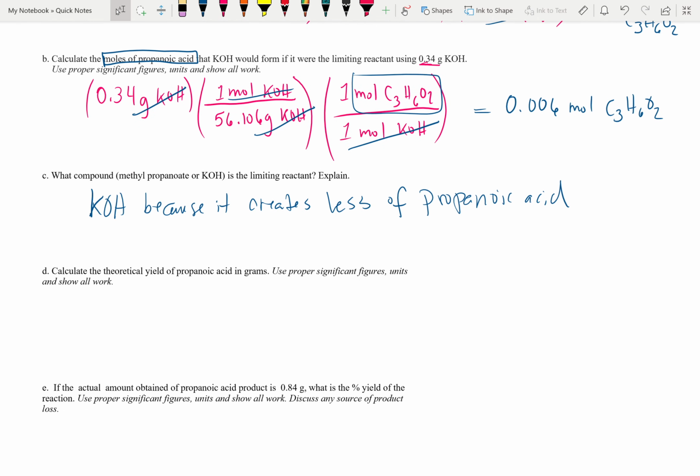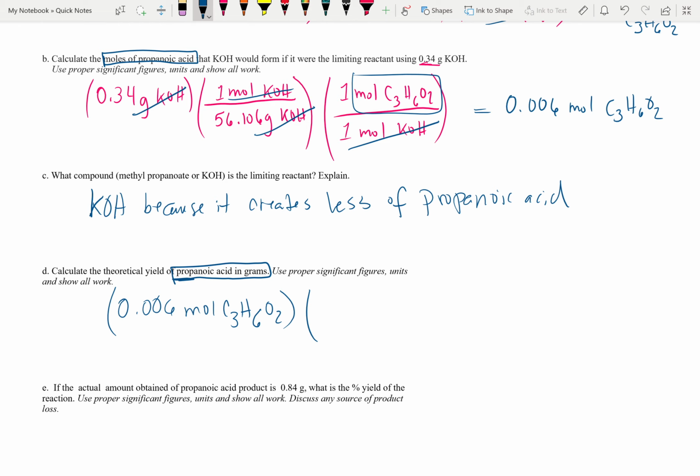Now it says calculate the theoretical yield. How we do that is we take the limiting reactant, so the least amount, which was 0.006 moles of C3H6O2. We multiply that by the molecular weight of propanoic acid. So we need to get everything in propanoic acid in grams. So we have to get that as our final answer.